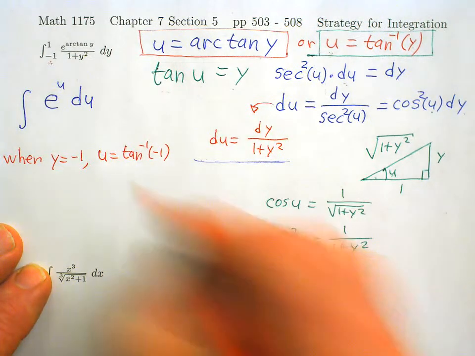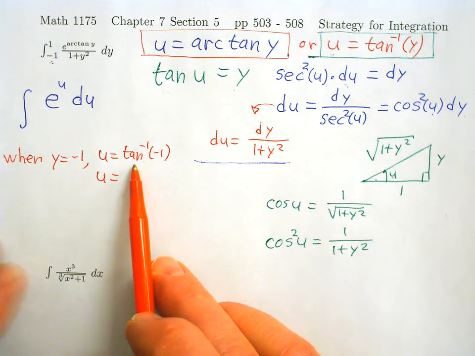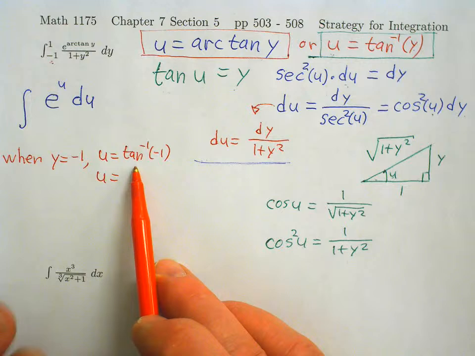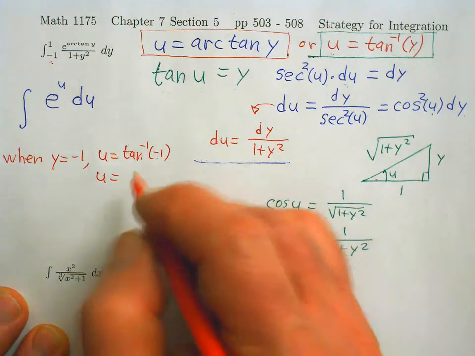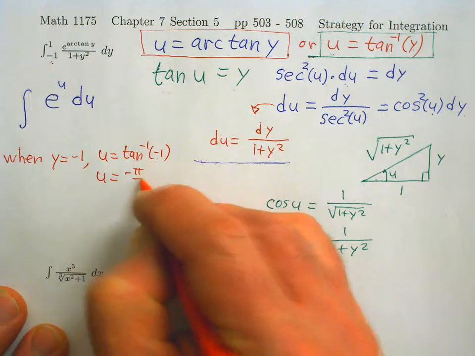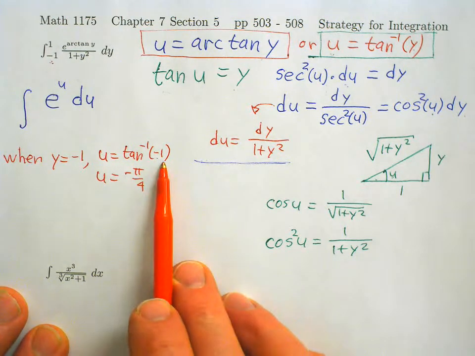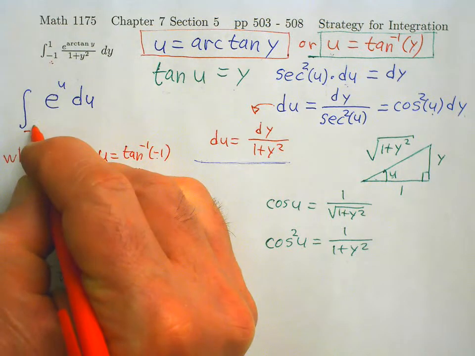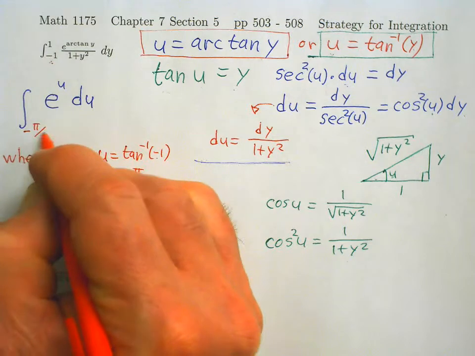So this is like asking, what angle between negative pi over 2 and pi over 2 has tangent equal to negative 1? And the answer is negative pi over 4. The tangent of negative pi over 4 is negative 1. So the lower limit of this definite integral in the variable u is negative pi over 4.